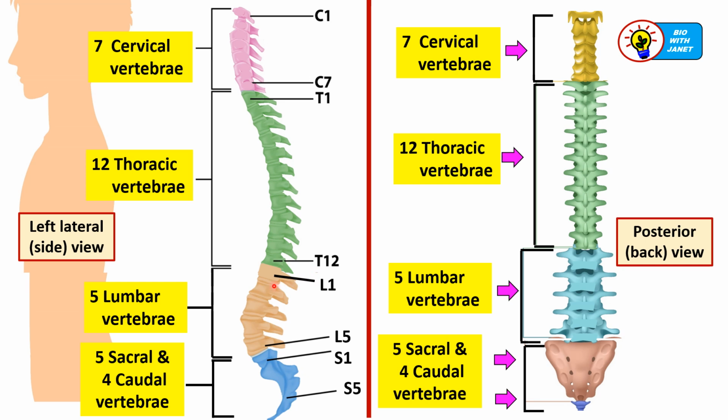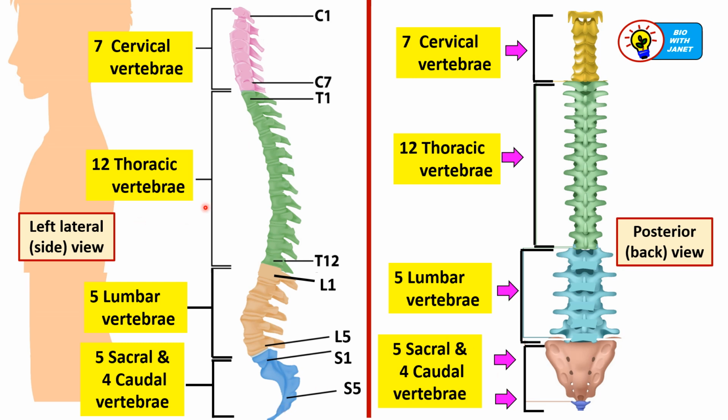And then we have the 5 lumbar vertebrae at the waist region to provide support to the body, especially when we are sitting down. And then we have 5 sacral vertebrae, which are joined together. And lastly, we have the tailbones, which are called the caudal vertebrae. There are 4 of them, right?